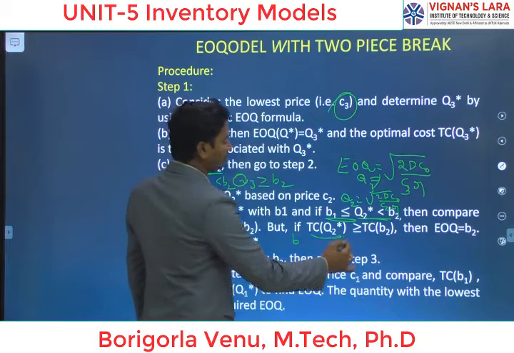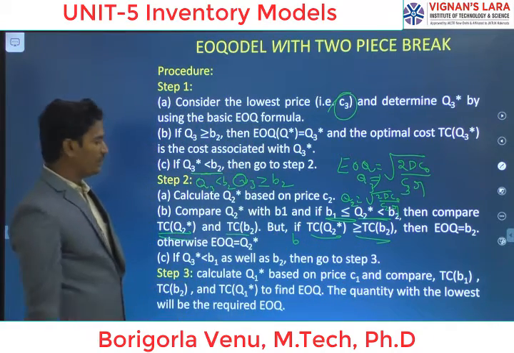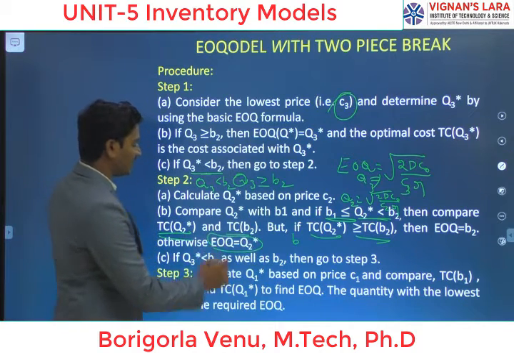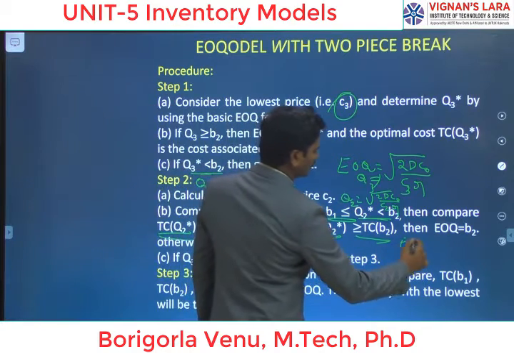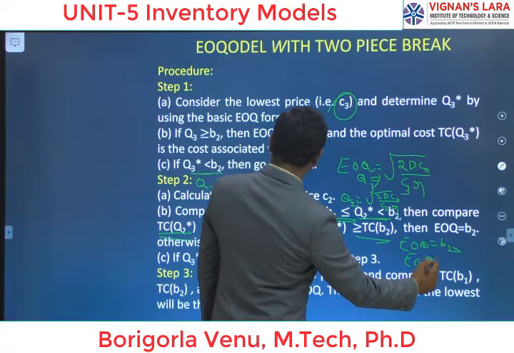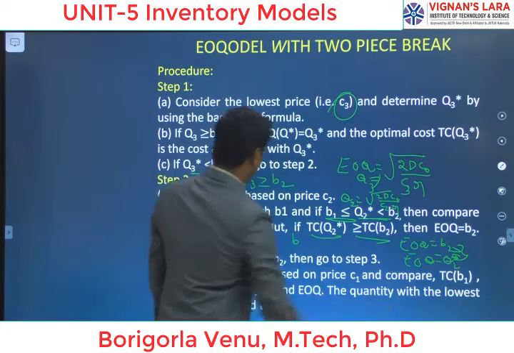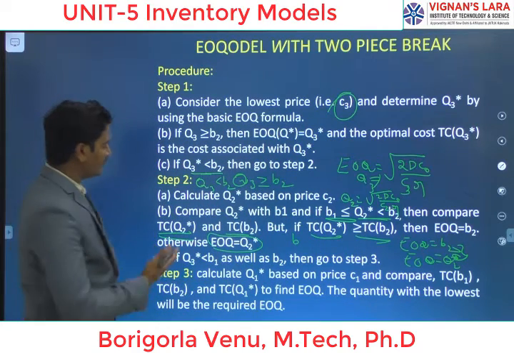If TC Q2 is greater than TC B2, then EOQ is equal to B2. Otherwise, the EOQ value is equal to Q2 star, then we simply stop the problem and compute the values.